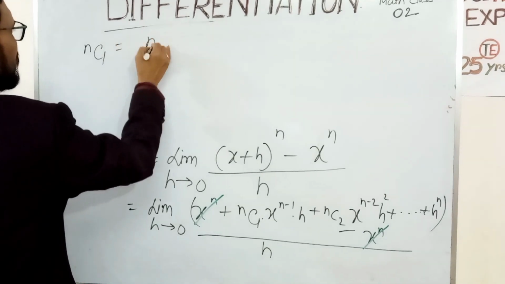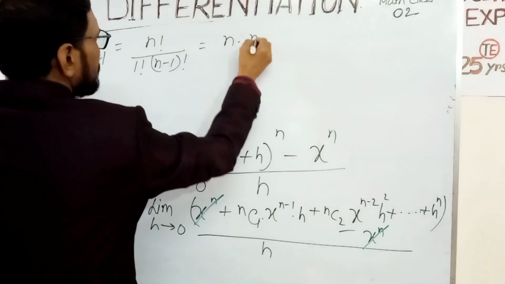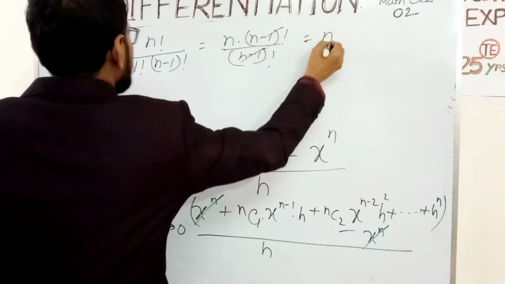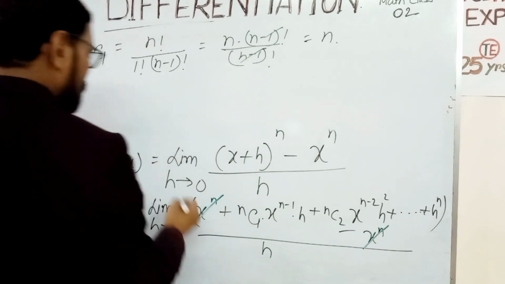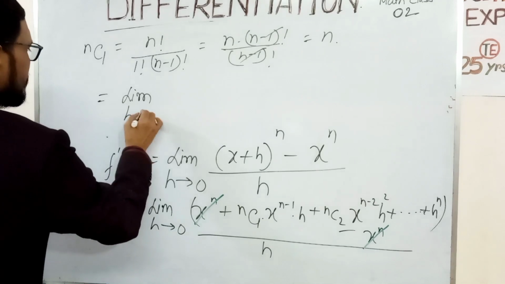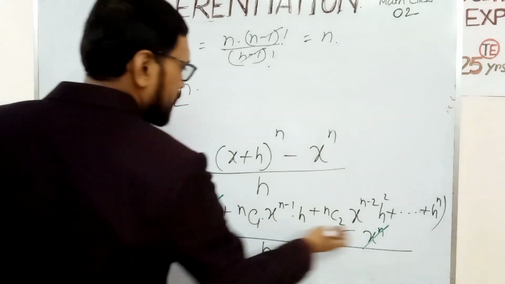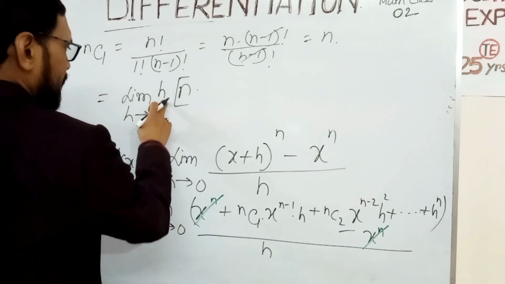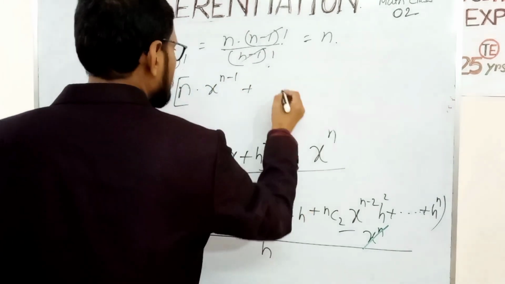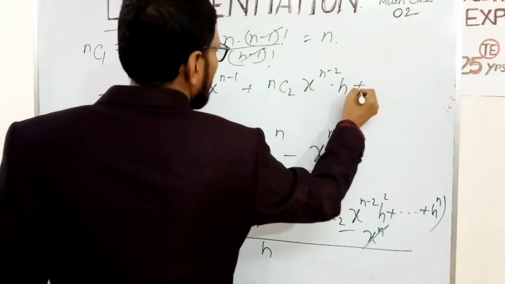nC1 becomes factorial n divided by factorial 1 into factorial n minus 1, which is n into factorial n minus 1 by factorial n minus 1; they cancel each other, which gives n. So nC1 becomes n. Taking h common from this expansion, we get n x to the power n minus 1 plus nC2 x to the power n minus 2 into h, and so on.